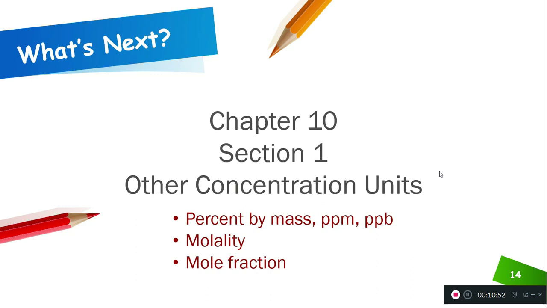Molality sounds a lot like molarity, and it is pretty similar, but has some very special differences. And then finally, mole fraction. By the end of the next video, you should be able to interrelate all 4 units of concentration: percent by mass, molality, molarity, and mole fraction. Have one of the 4, and you should be able to solve for all of them.